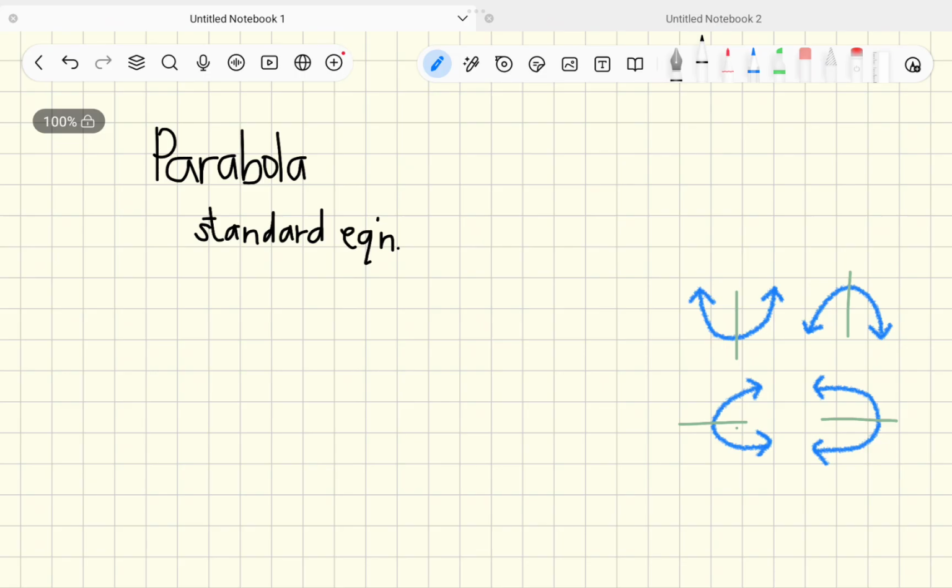Now, for parabolas whose vertex is at the origin, the standard equation will be as follows. If your parabola is facing upward or downward, it's either x squared equals positive or negative 4ay.